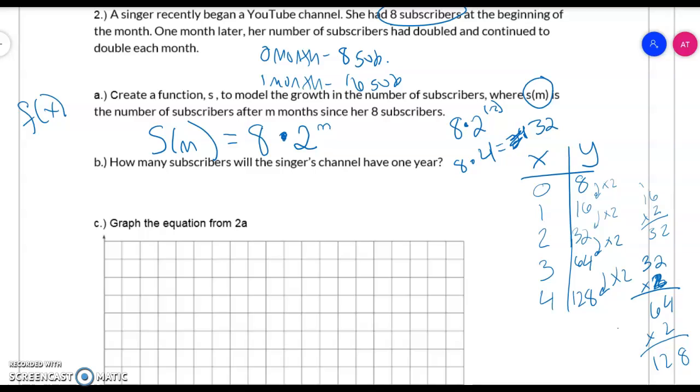So how many subscribers will she have after 1 year? Well, first off, I need to know how many months are in a year, which is 12. So what I'm going to do is take 8 times 2 to the power of 12. If you get a calculator and plug in 2 to the power of 12, you're going to get 4,096.